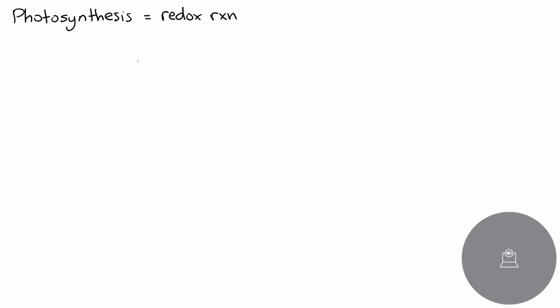And one way to remember which is which is to use this mnemonic device. Leo says GER. So losing electrons is the LE there, is oxidation. And then gaining electrons is reduction.